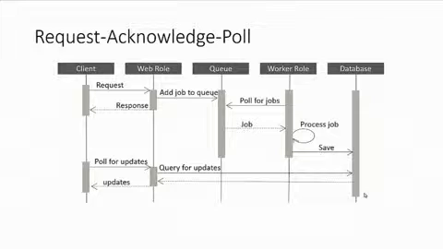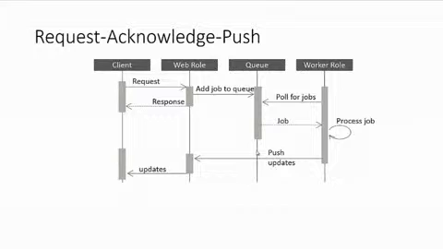Wouldn't it be nicer if the worker role can somehow directly report the states back to the client? In this way, we'll get rid of the database layer altogether, and our architecture will be simpler, which leads to the request acknowledge push pattern.